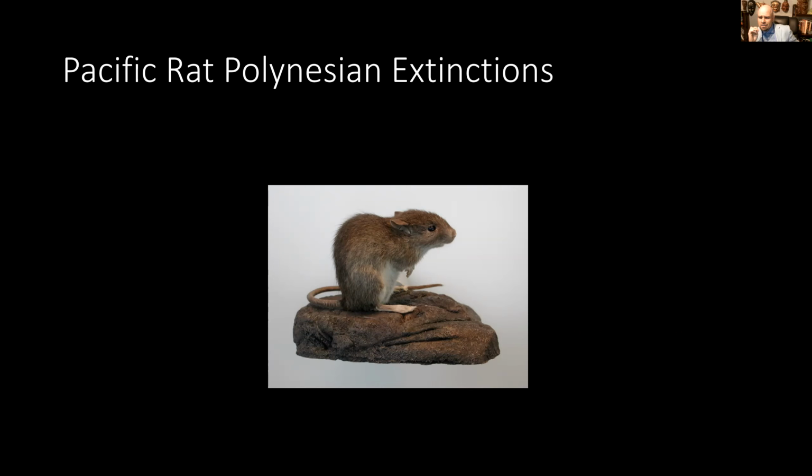There have been new studies that suggest that rats might be partially responsible for the disappearance of trees on these islands. They're actually eating the seeds of these trees before they can germinate. And it might not be that people were actively cutting down the last tree. It might be that rats were causing chaos as well.